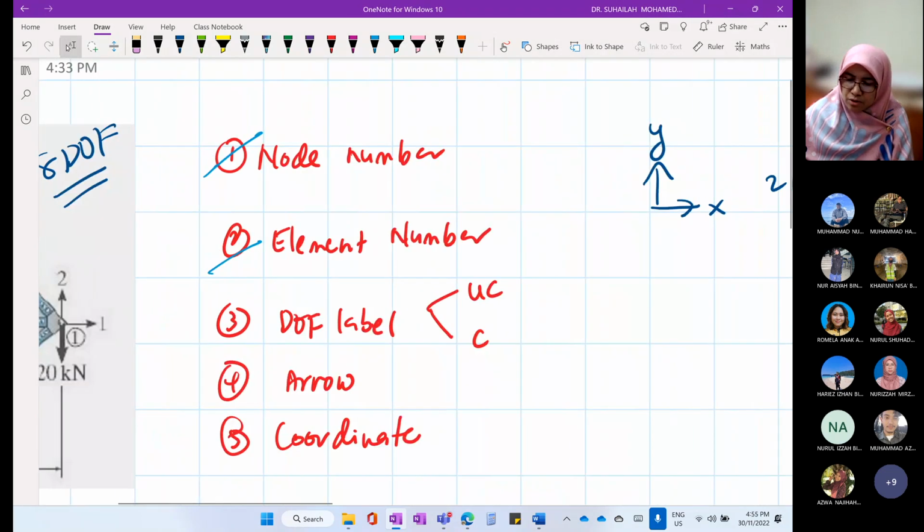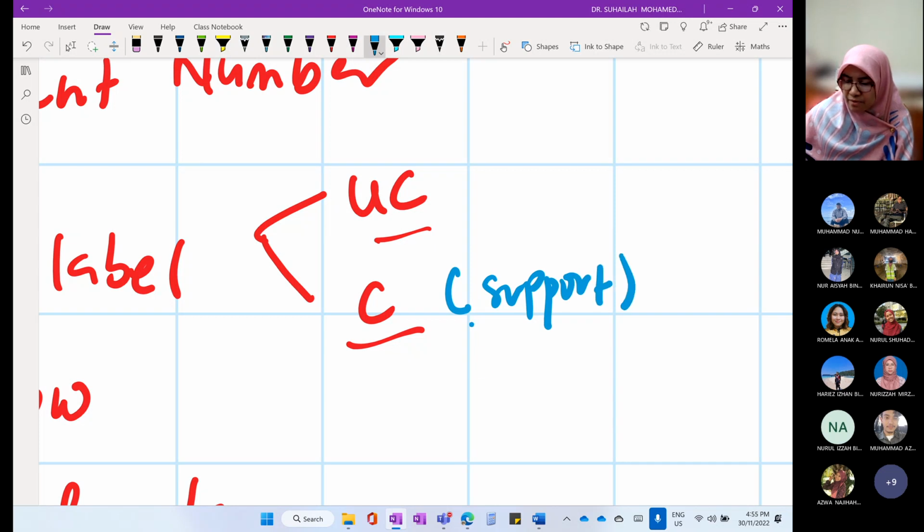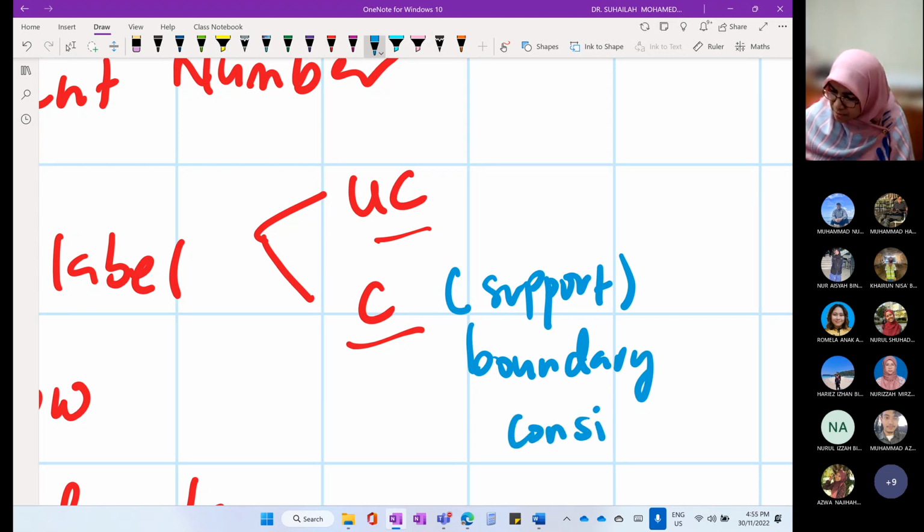Unconstrained and constraint. Constraint basically refers to the support. It is sometimes called boundary condition. In software, you will find support called boundary condition.